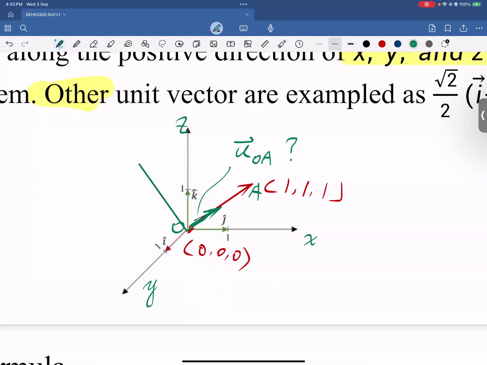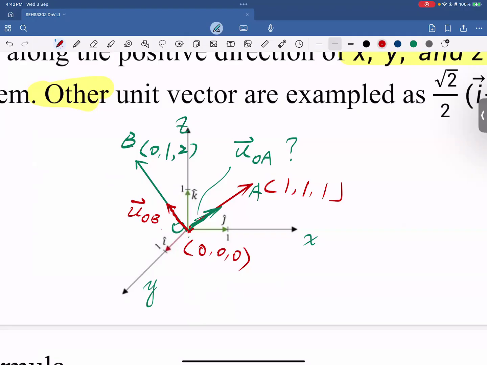And this direction, maybe along Y, it is 1. We call it position B. Along X is 0. Along Y is 1. Along Z is 2. This is another point, right? From O to B, we have the other unit vector here, right? I call it U, unit vector from O to B, right? What is this unit vector like in maths, right?